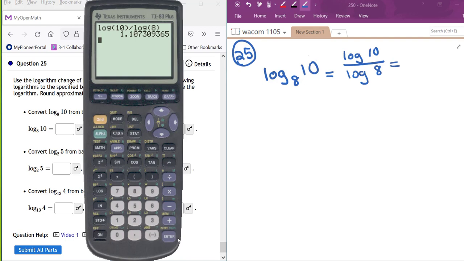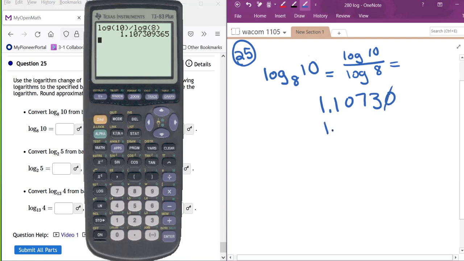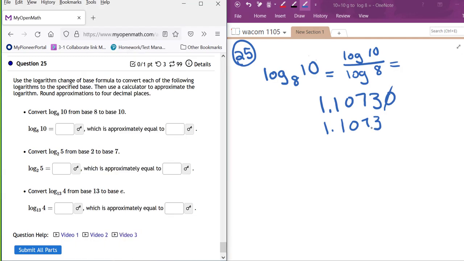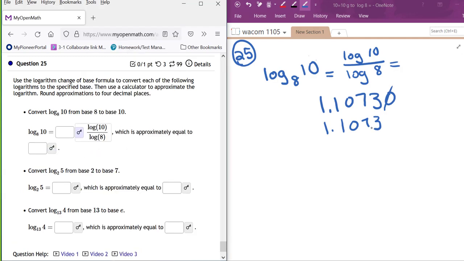So you get a decimal, 1.10730, and they say to round to 4 places, so you needed 5. A 0 is not going to push you up. So 1.1073. Oh, and they want it in 2 steps. So they want this, and then there's your answer worked out.